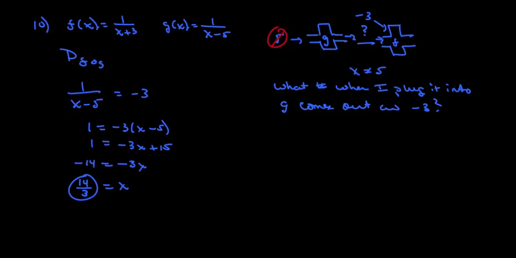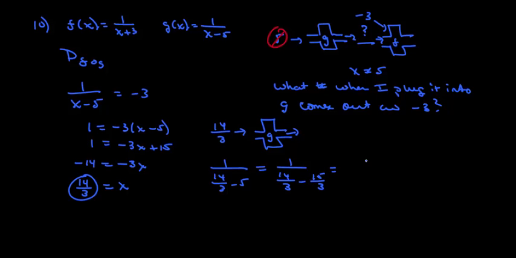So here's what that says. If you take 14 over 3 and you plug it into g, watch what happens. This is going to be 1 over 14 thirds minus 5, which is equal to 1 over 14 thirds minus 15 thirds, which is 1 over negative 1 third, which is 1 times negative 3 over 1, which is negative 3.